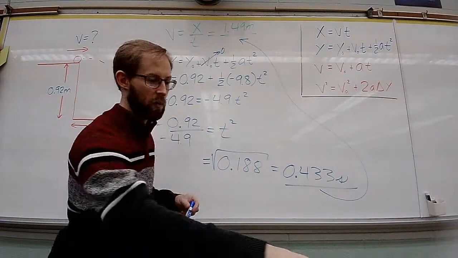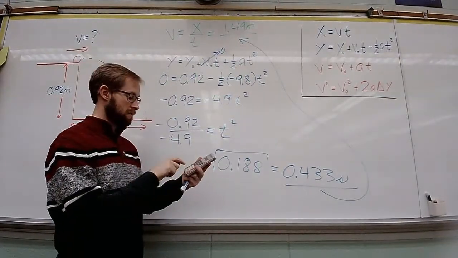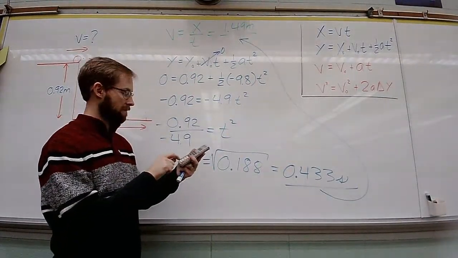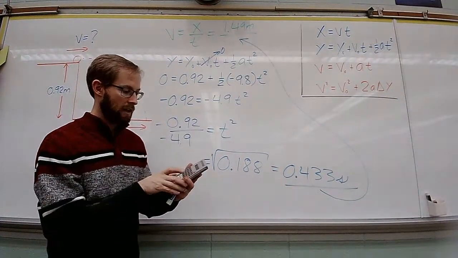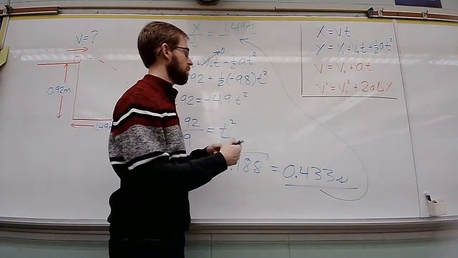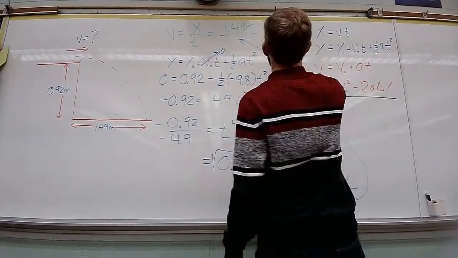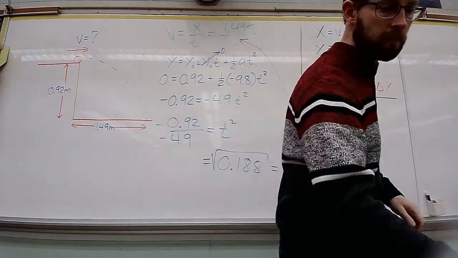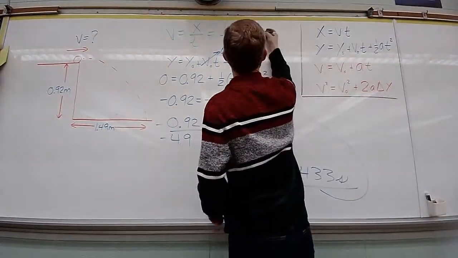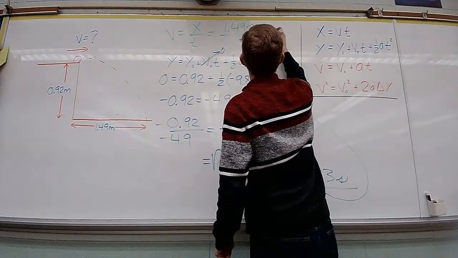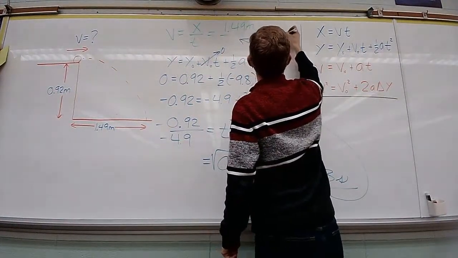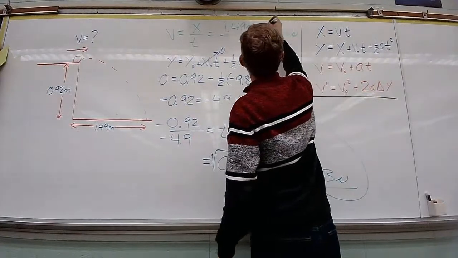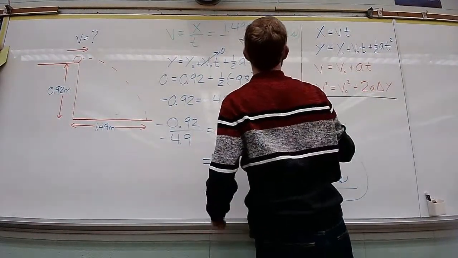So to figure out my velocity, I just do the math. 1.49 divided by 0.433, and I get 3.44 meters per second as the velocity.